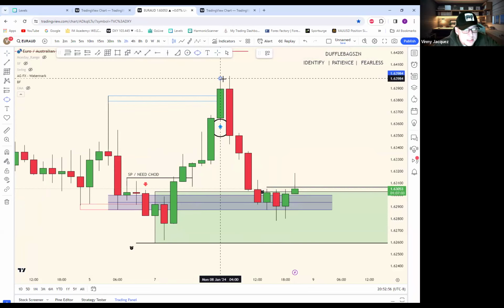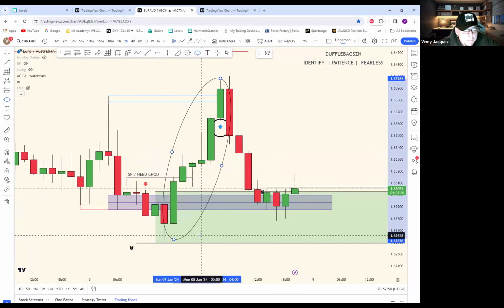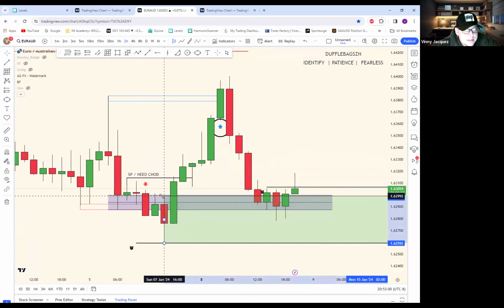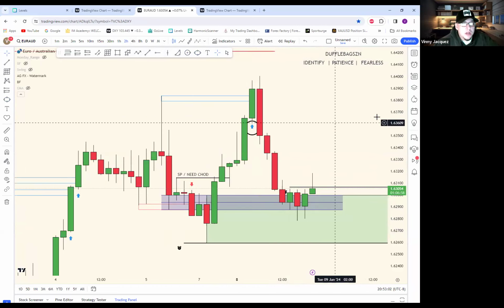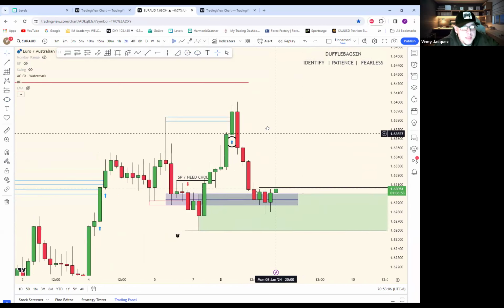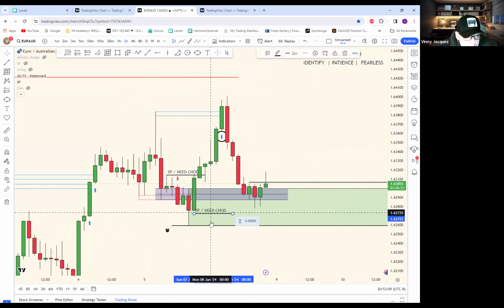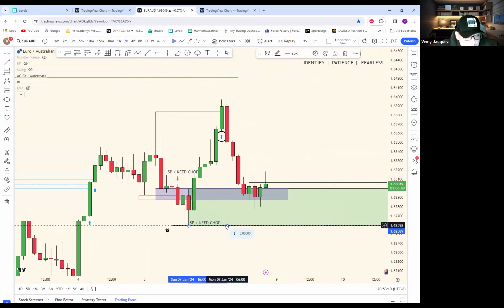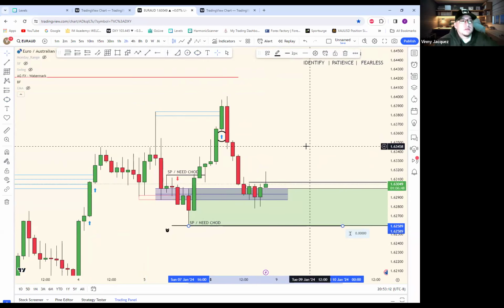Double confirmation: rally, breakout, last selling candle. Boom. And then it's going to say starting point, need change of direction. So you already know you should be looking for buys until we get that change of character, then we're going to be looking for sells again.